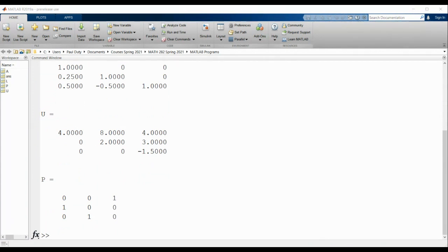Now the question is, how does this help us with computing a determinant? Well, let's go back to the notes that we were looking at.